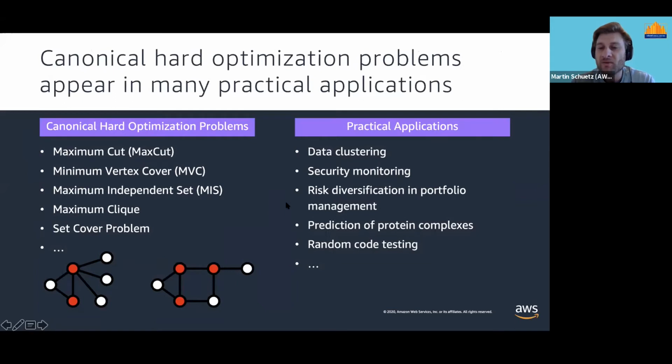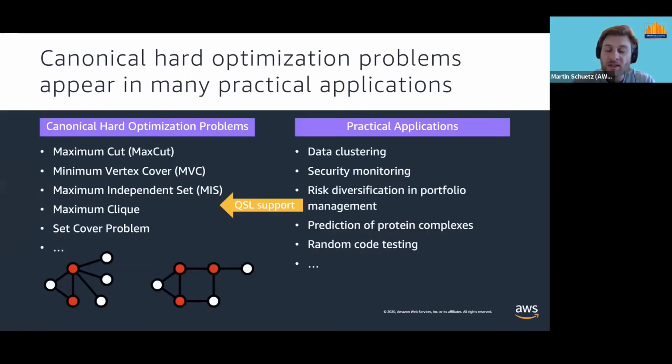What we do at the Quantum Solutions Lab is, once we have identified a pain point in your organization, try to find a mathematical model that represents this problem, map that onto one of these canonical problems, and then build the optimal tools to find high quality solutions to these kinds of hard problems.